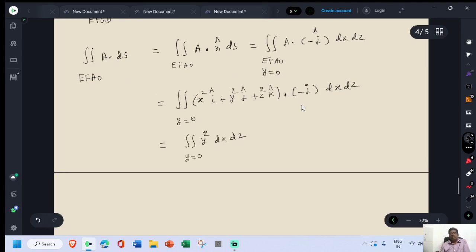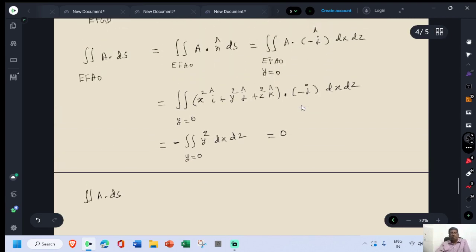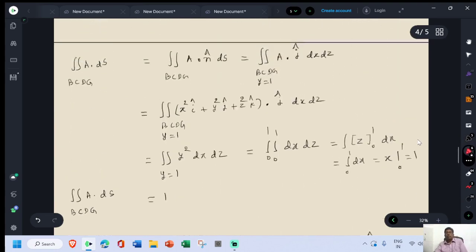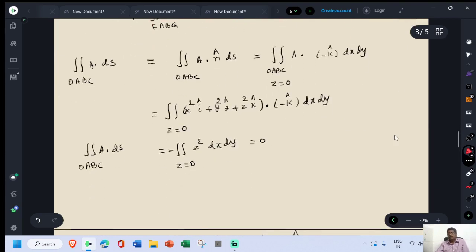Here the condition is y equals 0. Therefore, this integral is 0. So the double integral of A dot dS over EFAO is equal to 0. This part is 0.